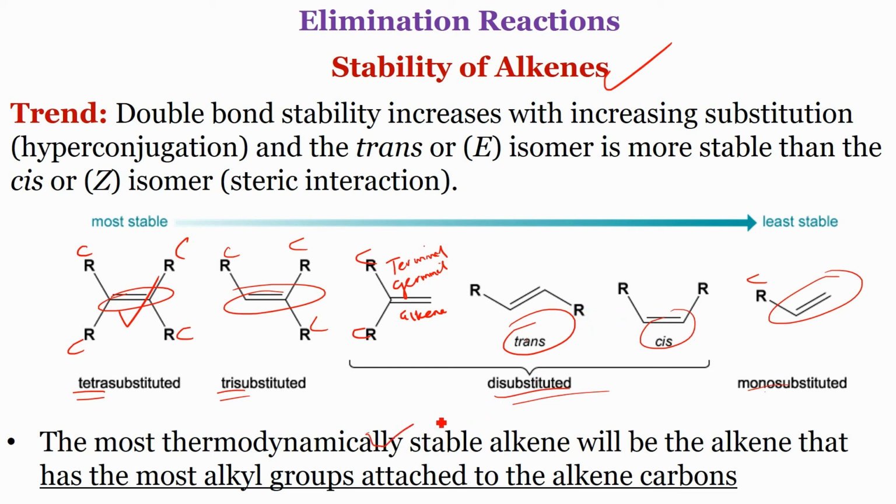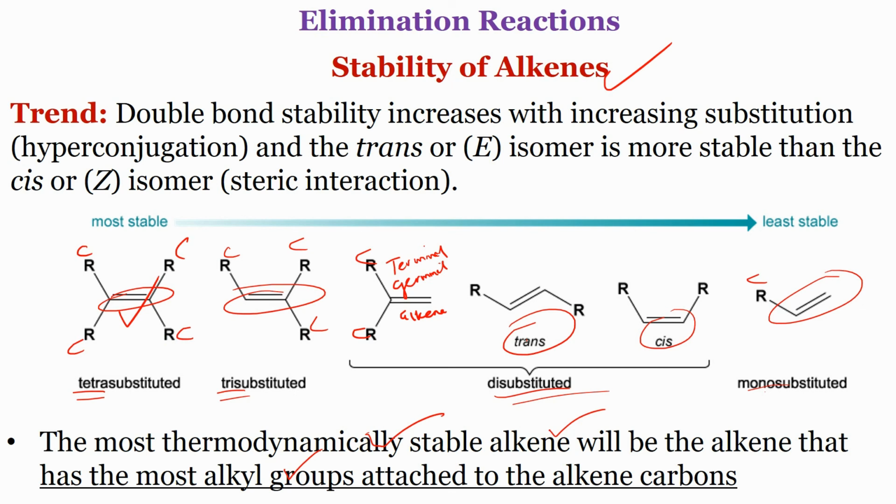Tetrasubstituted has the most alkyl groups attached to it and is thermodynamically stable. It's more favored, more likely to be formed after a reaction.